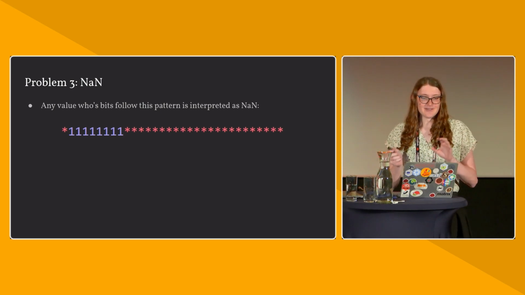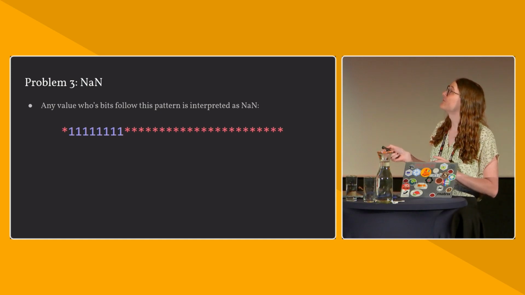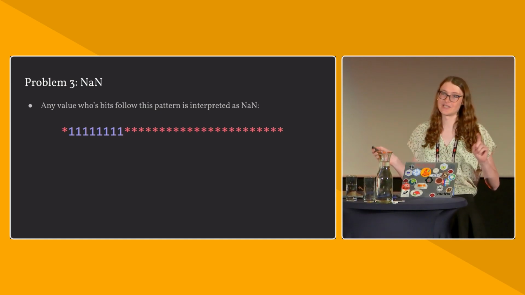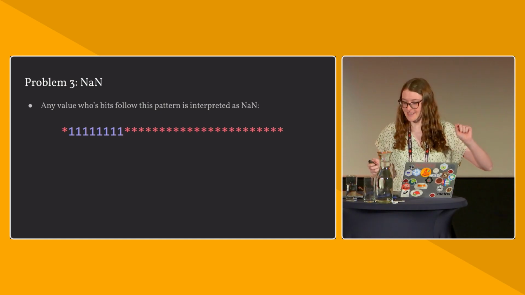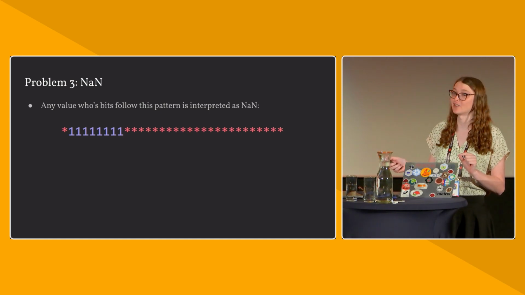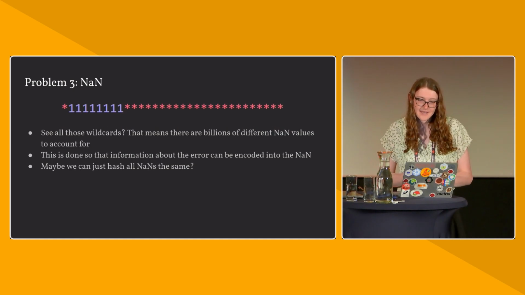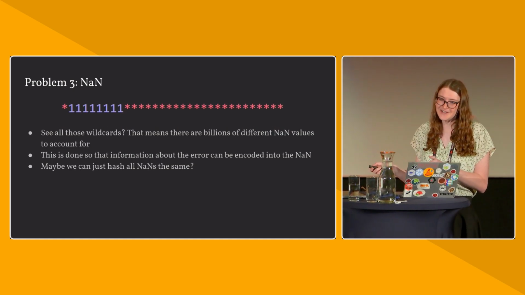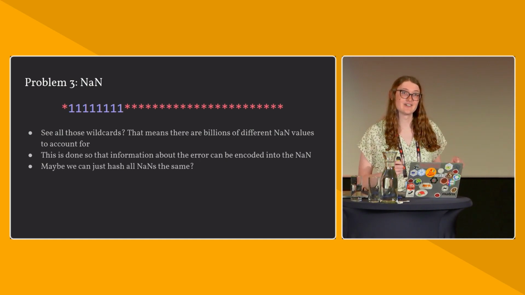So when you look inside and look at what a NAN is, this is what they actually look like. Any floating point value whose bits follow this pattern is interpreted as NAN. If you remember from a handful of slides ago, this is having the exponent portion be entirely ones, and then everything else is stars, wildcards. And note the wildcards, because there are so many of them, NAN is not a single value.